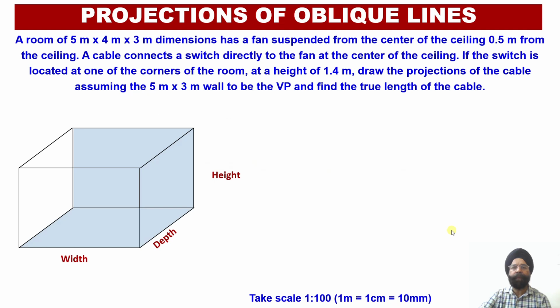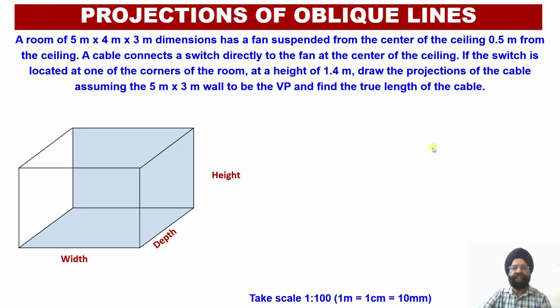Now here we have been provided with a physical real world situation which needs to be converted into the orthographic projections of the oblique lines, and then using the principles of the rotation of the line method we will be able to obtain the true length of the line.